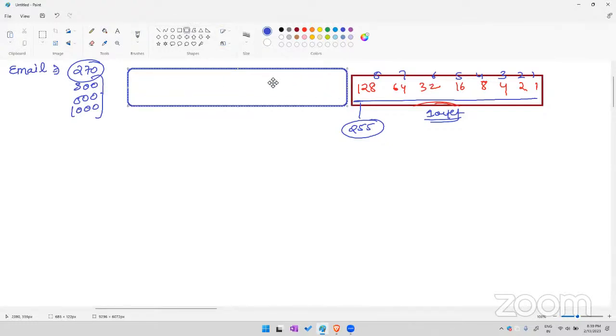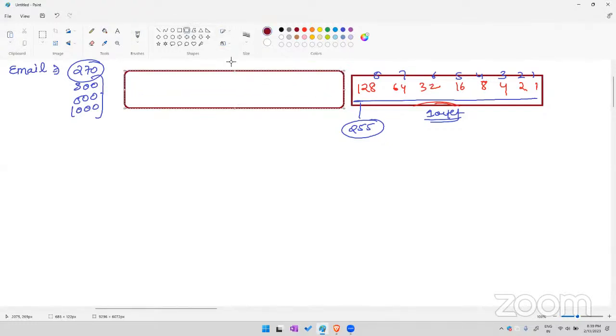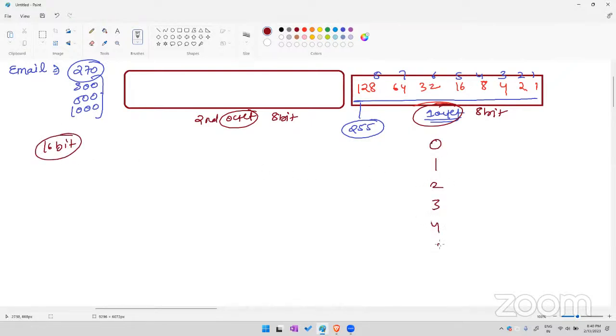Why do we jump to the second octet? Because in the second octet we can also get 8 bits. The total is 16, because 1 octet is also 8 bits. So 8 plus 8, 16. If you are getting 16 bits, how do we represent these bits? First we put 0, 1, 2, 3, 4, 5, 6, 7 and 2 power 0, 2 power 1, 2 power 2, 2 power 3, 2 power 4, 2 power 5, 6 and 7.